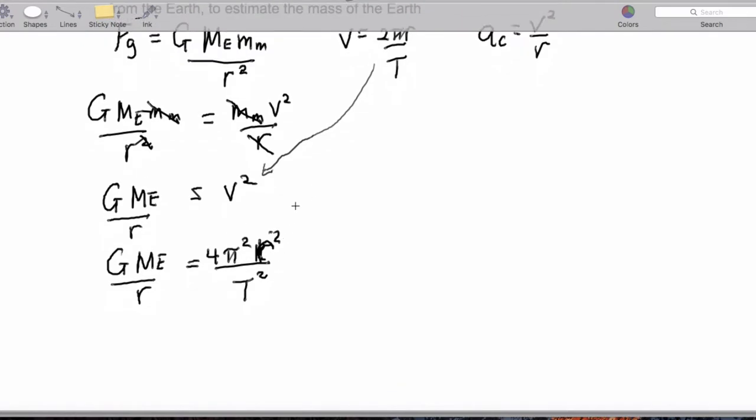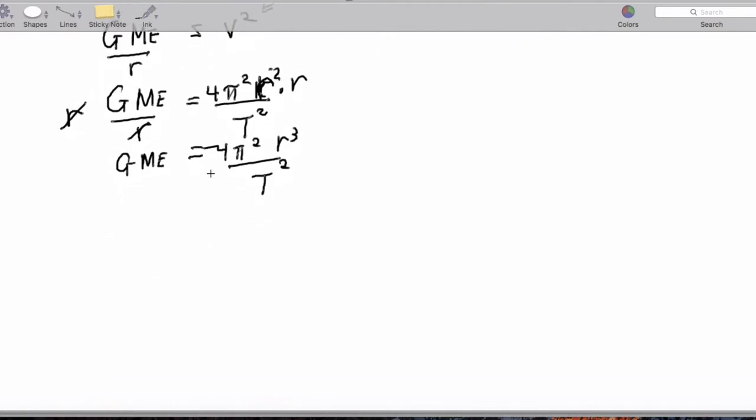Now let's do some simplification. We'll multiply both sides by r so that we end up getting G, mass of the Earth, equals 4 pi squared r cubed over T squared. Now let's flip a couple things here. We'll multiply both sides by T squared.